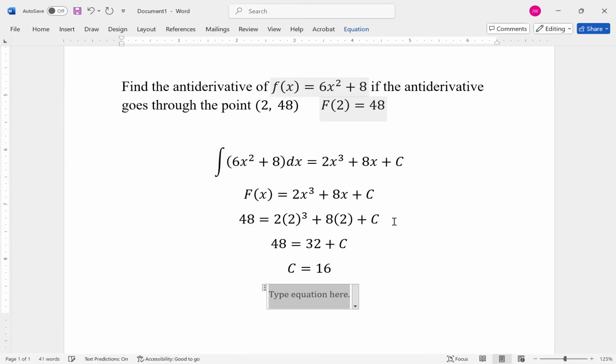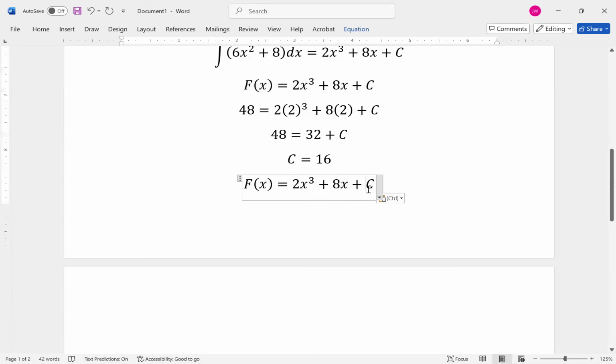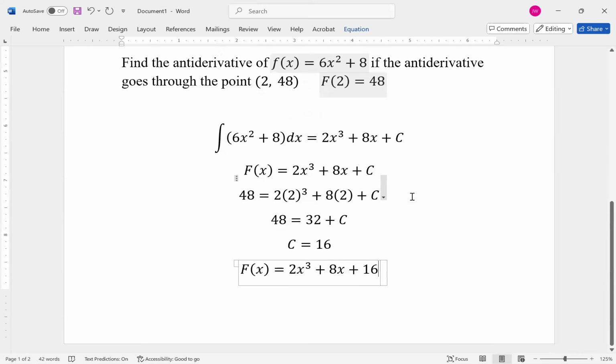And that means that my actual antiderivative, the one that I'm looking for in this case, is 2x to the third plus 8x plus 16. And that's it. That's the whole thing. So if you want to find specific antiderivatives, you can simply integrate.